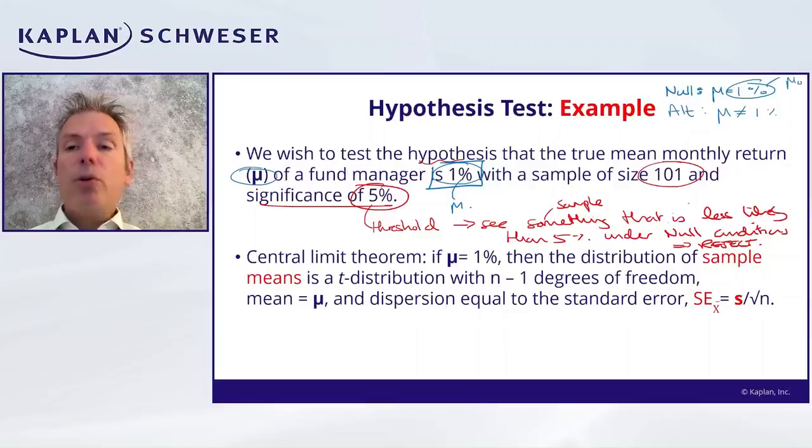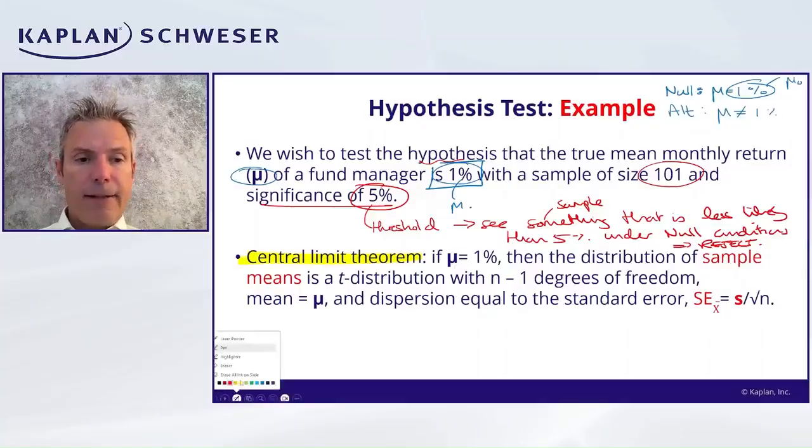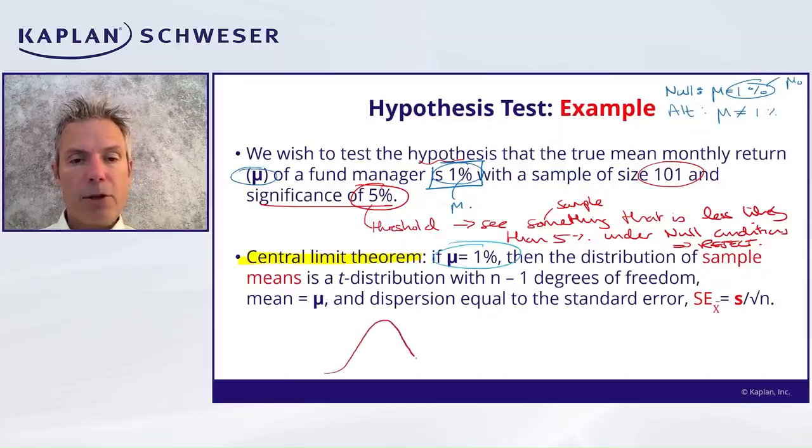Now, what we use to conduct our hypothesis test on a single mean is the central limit theorem, which we have already met at a previous module. The central limit theorem says that given a true mean, and we are hypothesizing that the true mean is 1%, it would build a distribution of sample means, a distribution of x bars around that true mu.